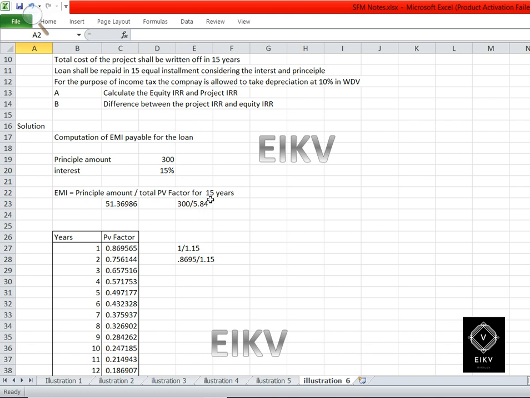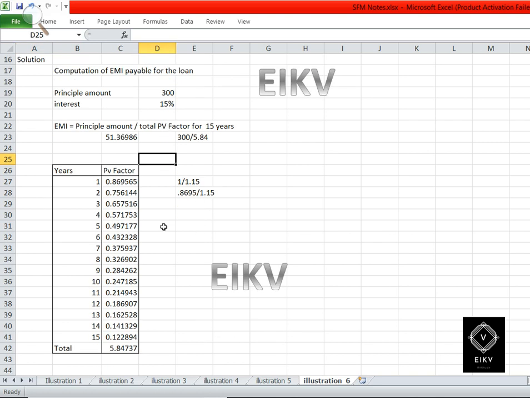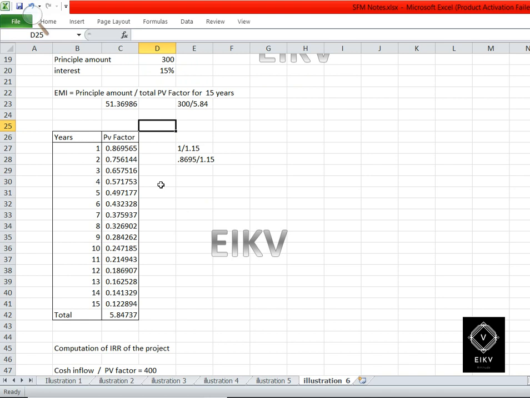So 300 is directly taken from the question, and 5.84 is just the sum total of the PV factors of the 15 years. How to compute this: here is a table in which I have computed the PV factor. This table has two columns, year and PV factor. For the first year we compute the PV factor as 1 divided by 1.15, which gives around 0.8695.